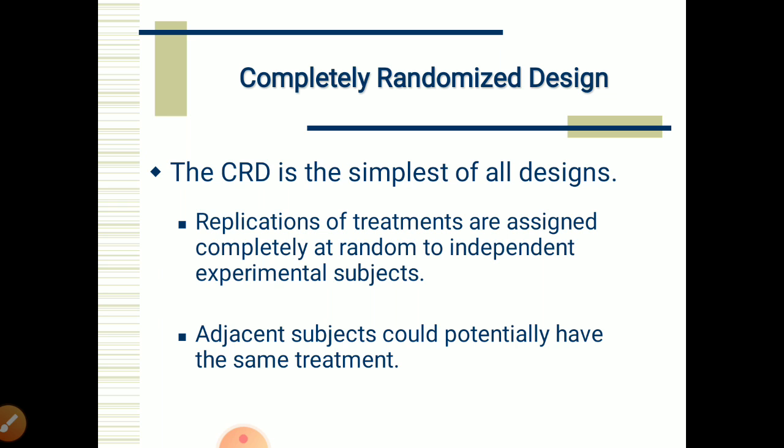Then we have replications of treatments. The first bullet says replications of treatments are assigned completely at random to independent experimental subjects. As the name says, in a completely randomized design we have a group of experimental animals or experimental units, and on the other side we have the treatments or factors which need to be tested, like feed, or breed, or the lactation number.